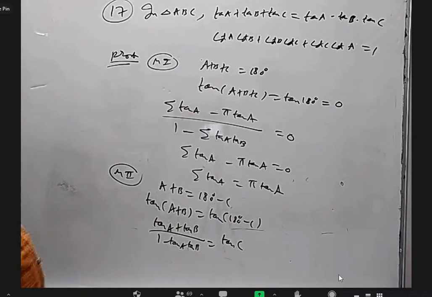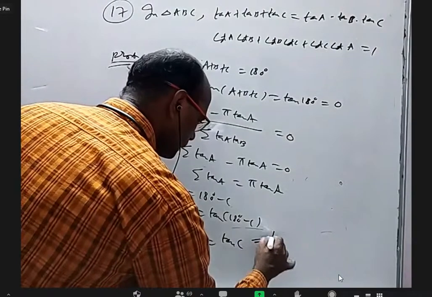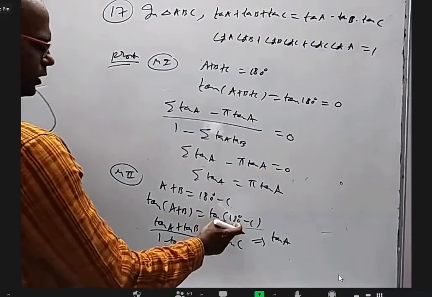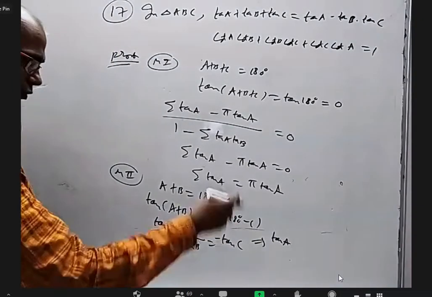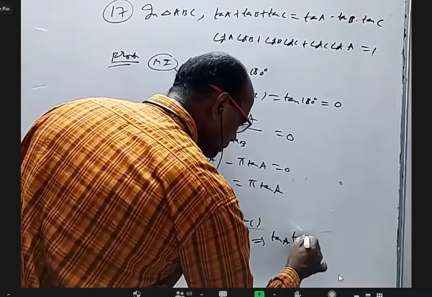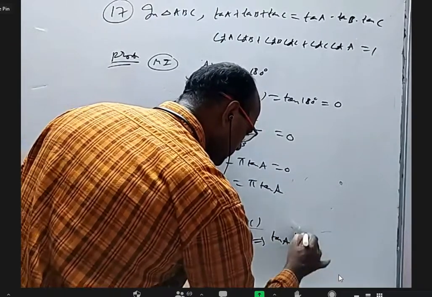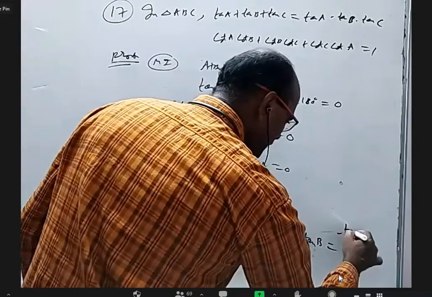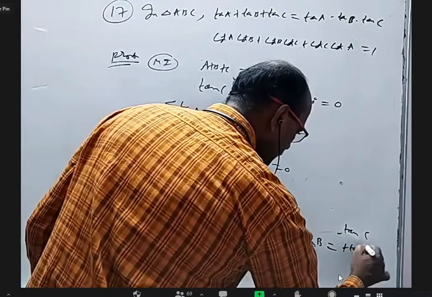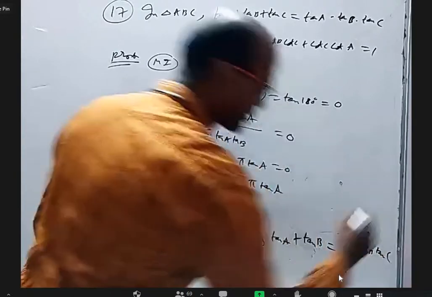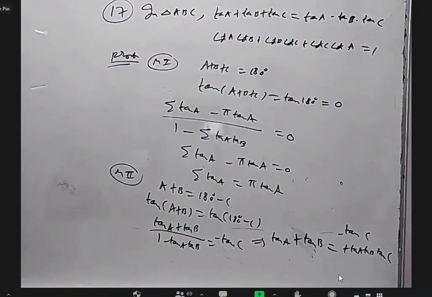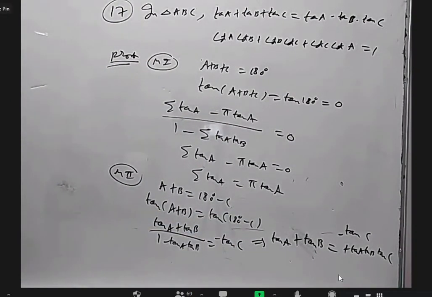Tan 180 minus C is minus tan C, for the second quadrant, even multiple of 90 so tan stays, and in the second quadrant it is minus. So if you cross multiply, you will get tan A plus tan B is equal to minus tan C plus tan A into tan B into tan C. Bring this minus tan C to this side, you will get it. I might have written small letters, but I think you will be able to follow.